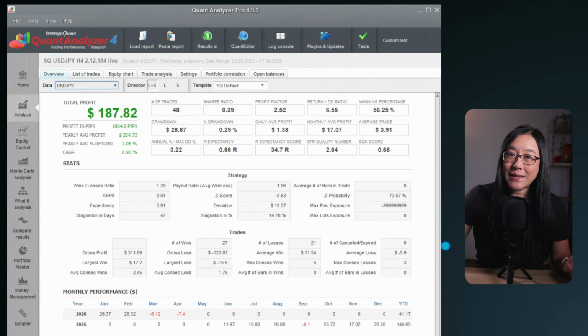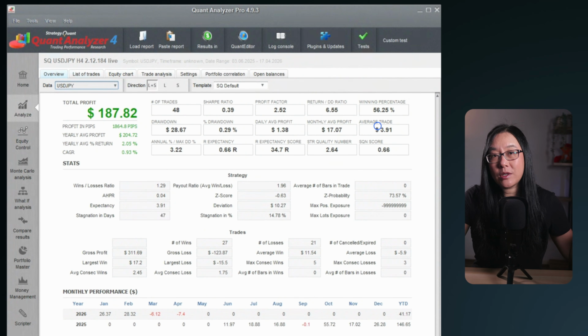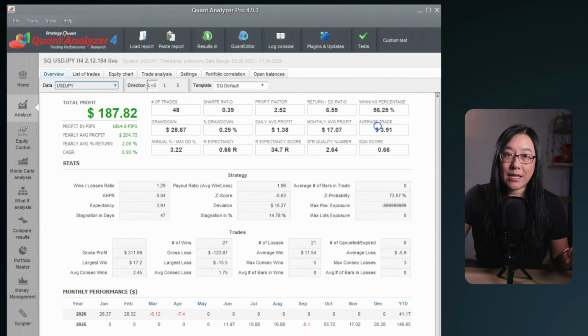The winning percentage is actually 56%, which is a lot higher than what we saw in the original backtest results. And because this strategy is trading at the smallest lot size of 0.01, that's why we see the average loss is negative $5.90. However, the average win is much bigger at $11.56.